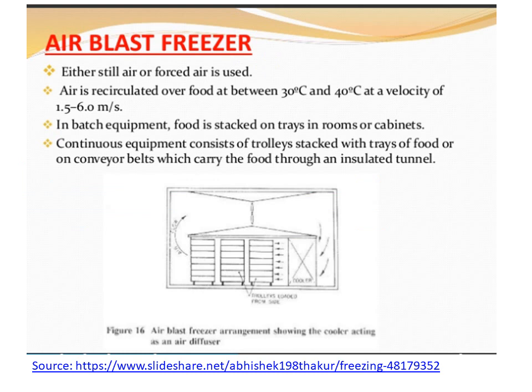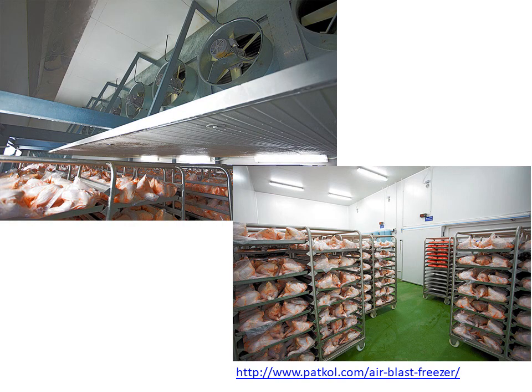So, ito yung itsura ng air blast freezer. Meron siyang ginagamit na still air or forced air. So, merong nilalabas na malamig na hangin that will circulate sa pagkain between 30 degrees and 40 degrees at a velocity of 1.5 to 6.0 meter per second. So, yung mga pagkain ay nakastack siya sa trays sa loob ng room or sa cabinet at merong malamig na hangin na pinapaikot sa loob ng kwarto or ng room.